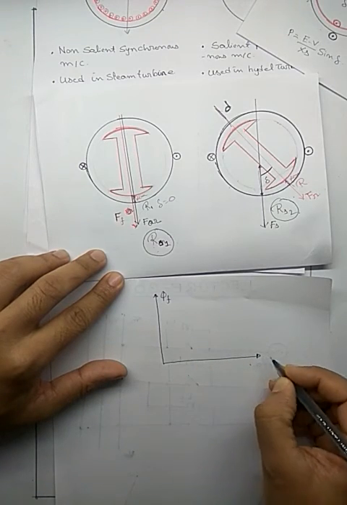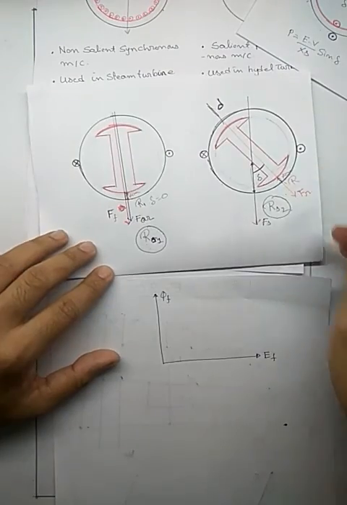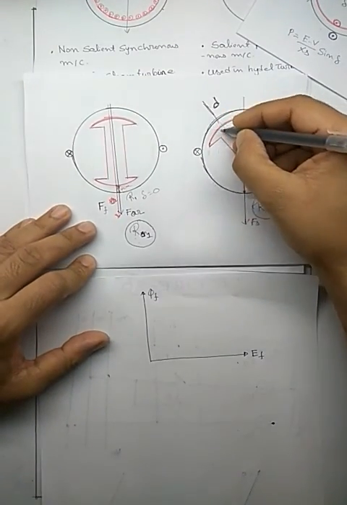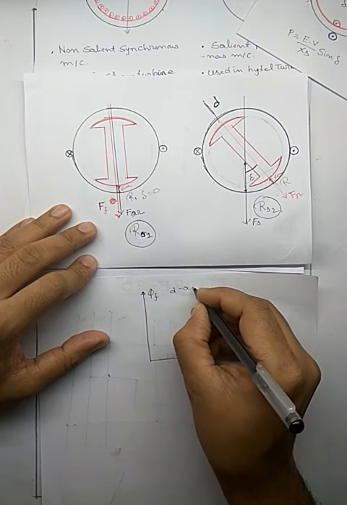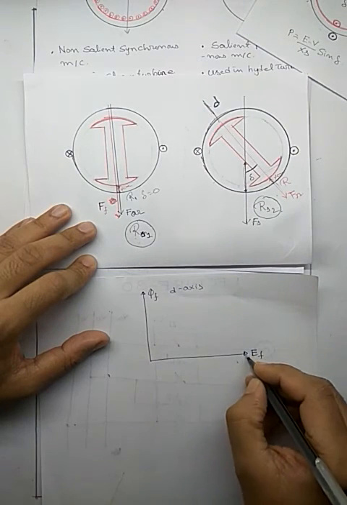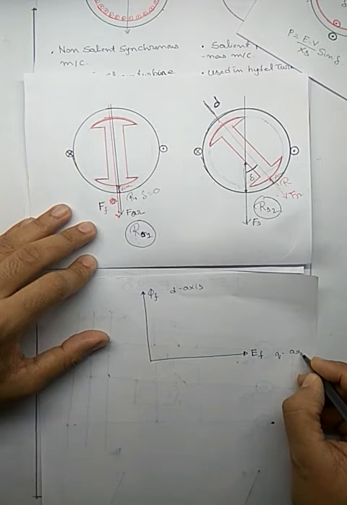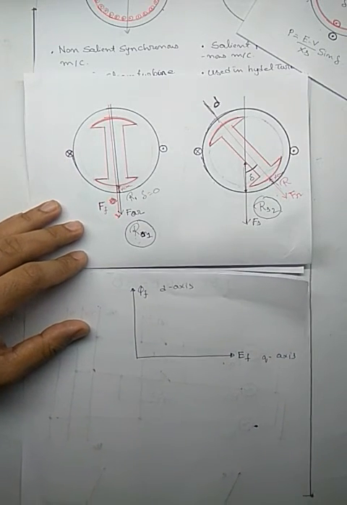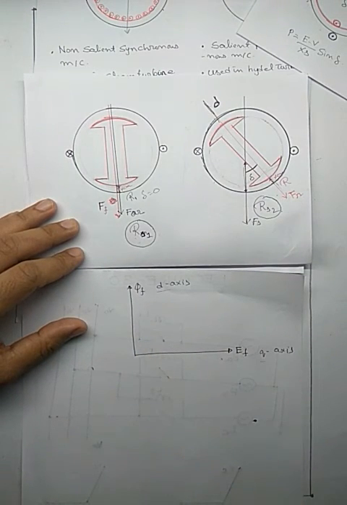Perpendicular to this is my EF. We call the direction in which my rotor flux is present the D axis, and the direction along E the Q axis. What does this D indicate? D indicates the direct axis and Q indicates the quadrature axis.